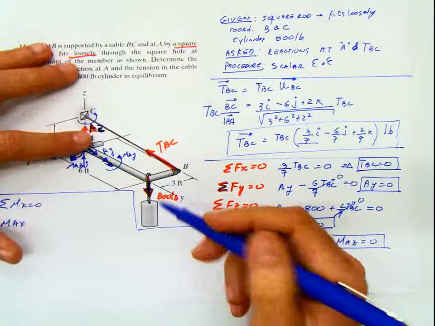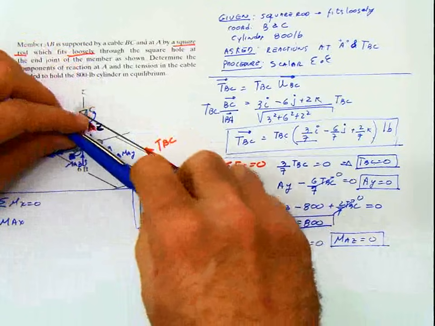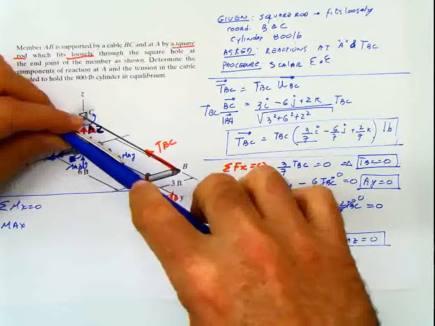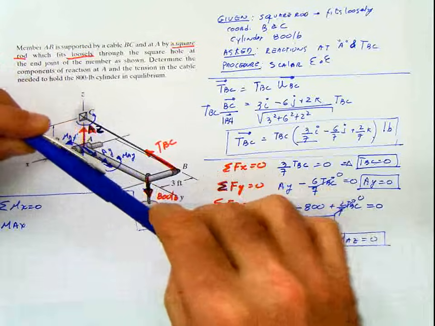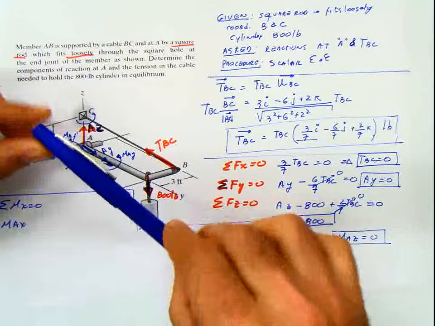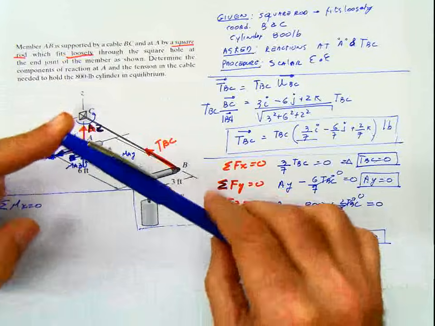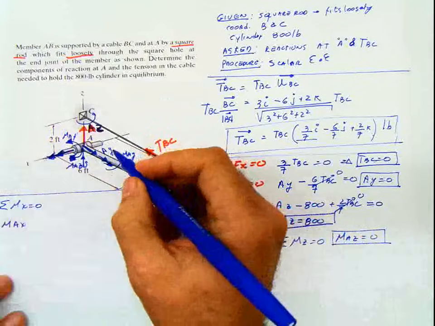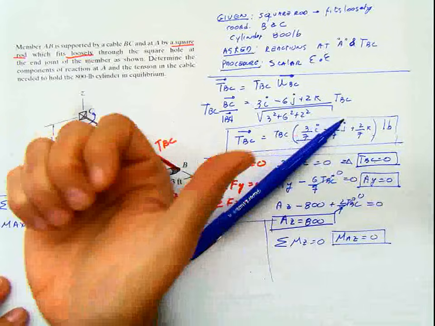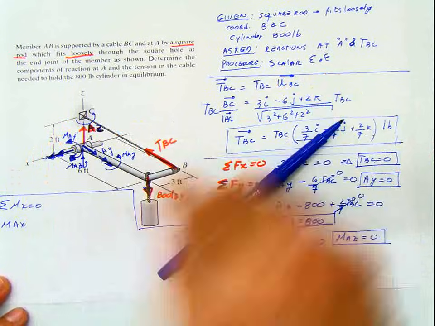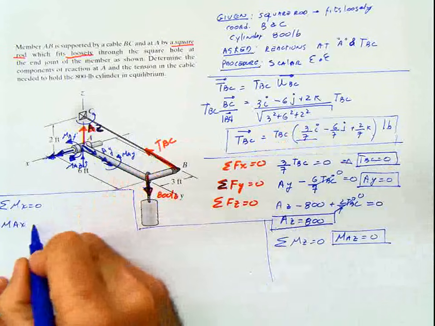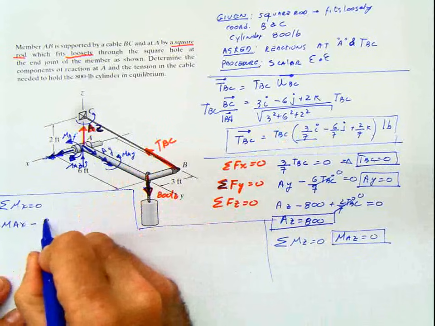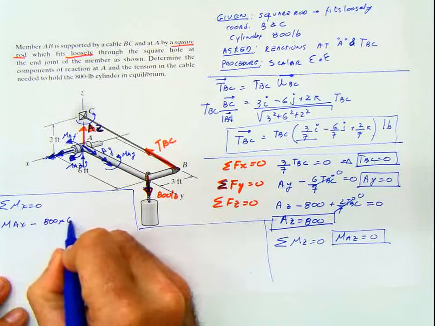I apply the force at this point, and this is pulling it down, causing the element to rotate about the x-axis, and it's going to cause an inward rotation. So it's going to be negative 800 multiplied by 6.